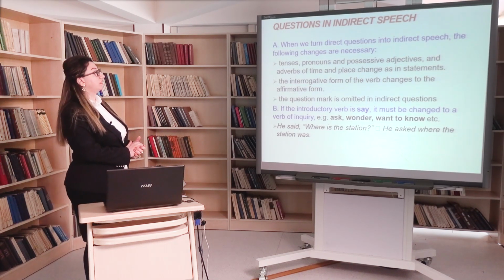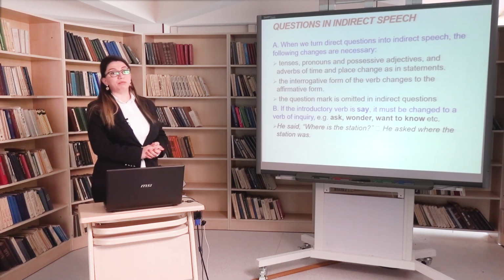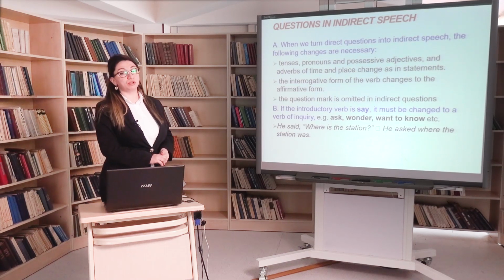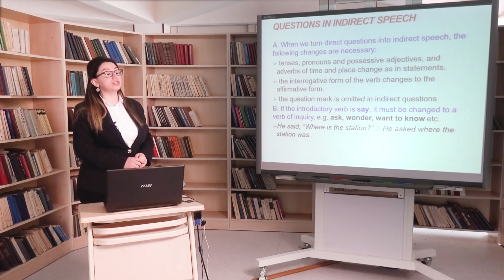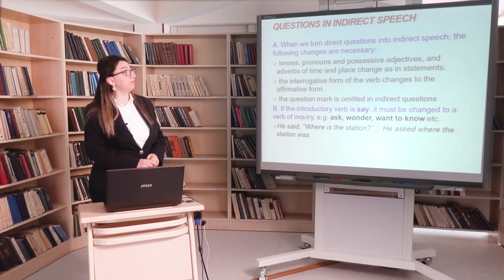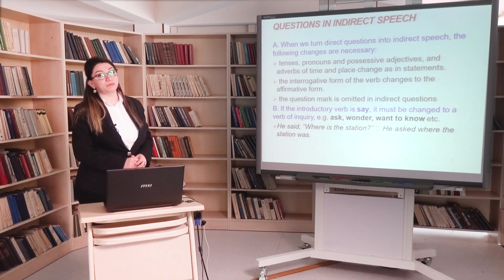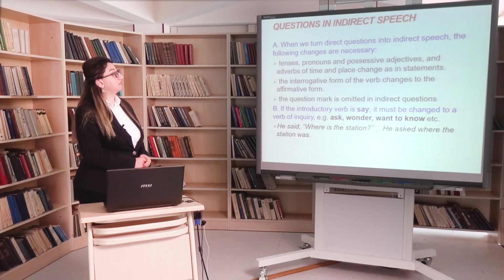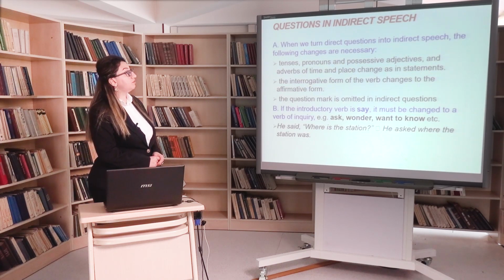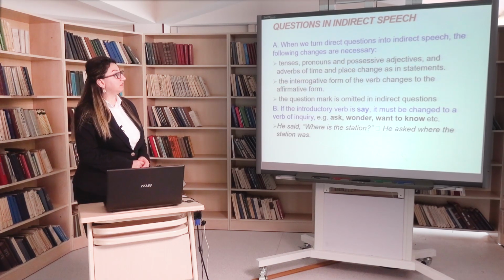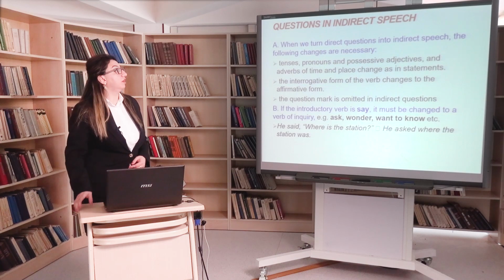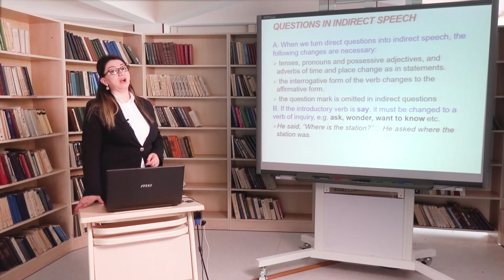At the beginning of the lesson, we spoke about the types of sentences and the changes in indirect speech. In this section, we speak about questions in direct speech. When we turn a direct question into indirect speech, the following changes are necessary.